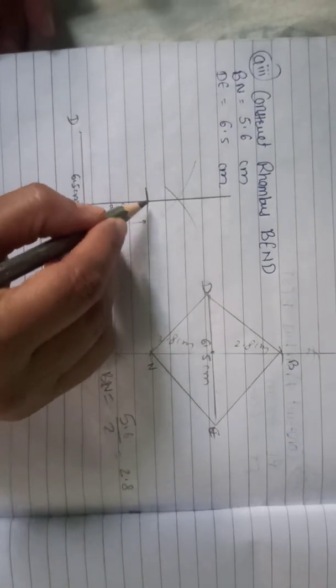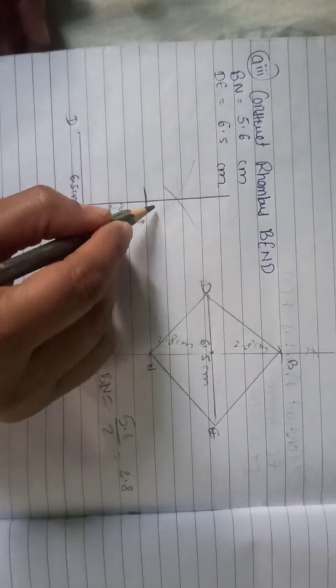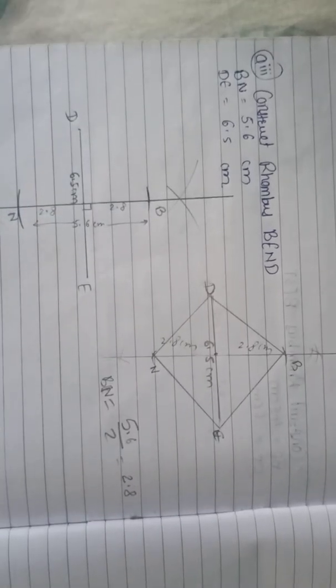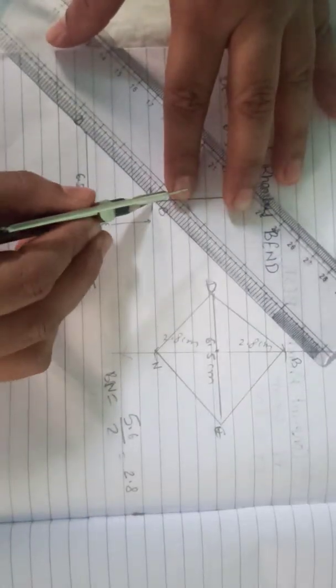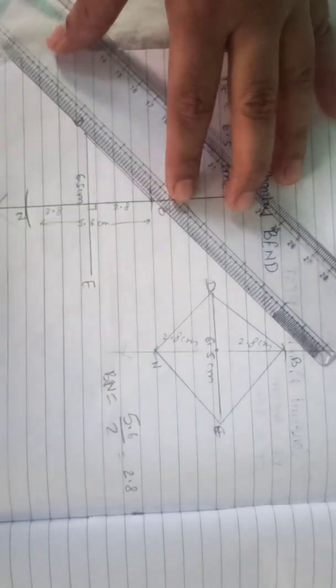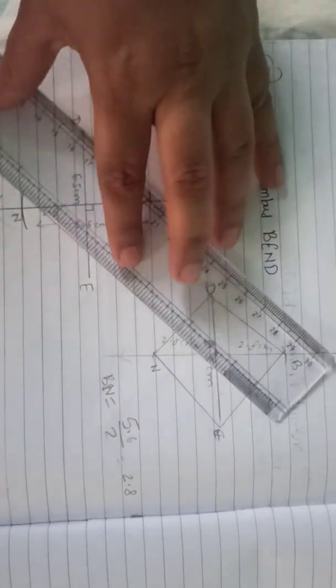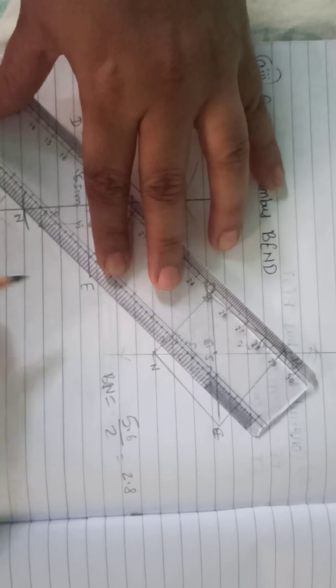Now this is B, E, and this is N, D. Okay, now join these points. We have B, E, and N also. Now B and D, join this neatly. After that EN, means join all the sides.